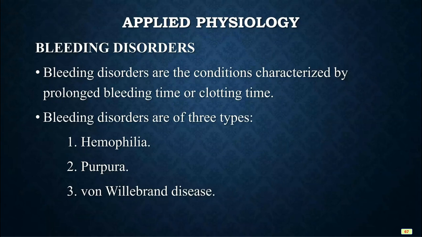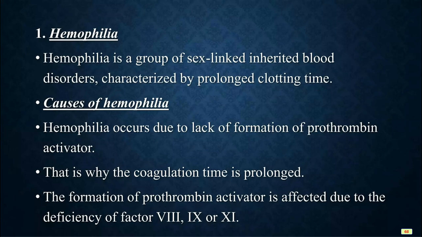Then applied physiology: bleeding disorders will be present, like hemophilia, purpura, and von Willebrand disease, where the organs get saturated and are unable to cope with the body. Hemophilia is a group of sex-linked inherited blood disorders characterized by prolonged clotting time. It's genetic in human beings, and animals also have blood in their body.